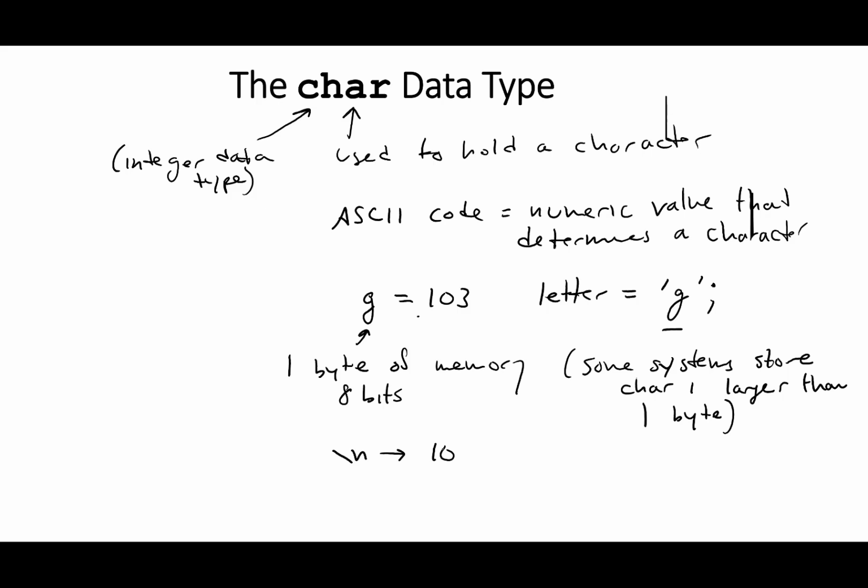So when we put this \n, it's storing 10, and 10 is this \n character, called the new line character. This is stored as 1 character in 1 byte. So even though this has 2 symbols, the \ and the n, it's still stored as 1 character.